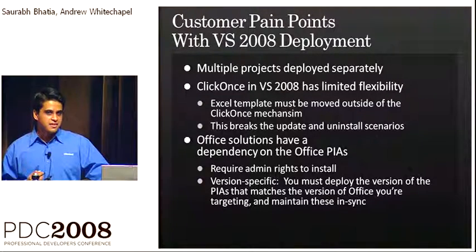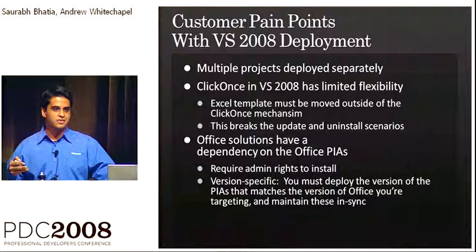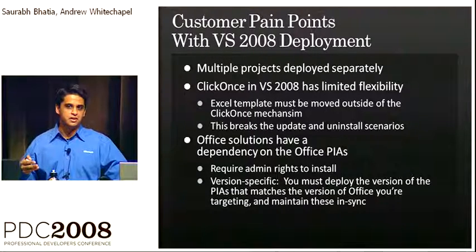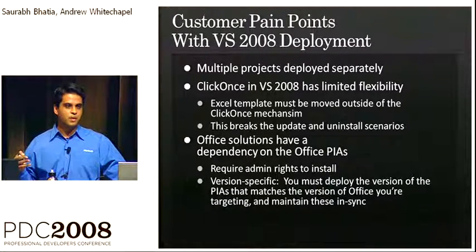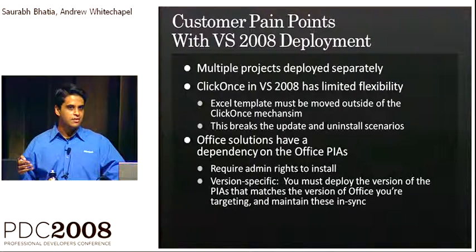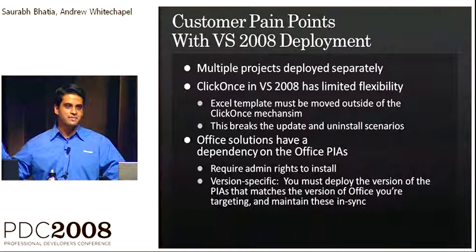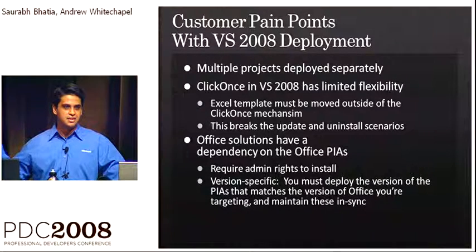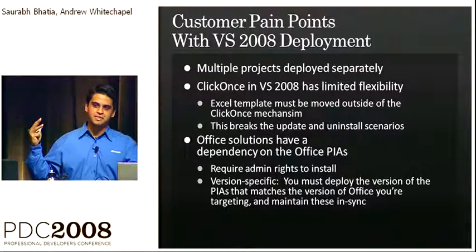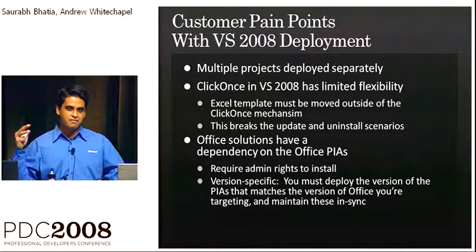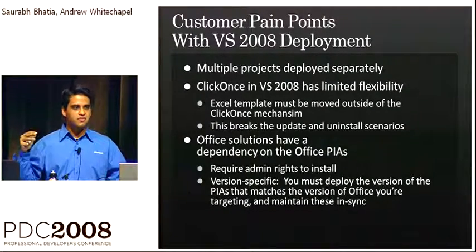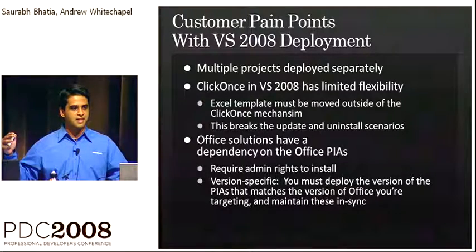Lastly, we didn't see this, but there were 3 prerequisites needed in order to run the solution. All these 3 prerequisites require admin rights to install because they are impactful to install. The 3 prerequisites are the .NET Framework, the VSTO runtime, and the Office primary interop assemblies. Now, the Office primary interop assemblies are kind of curious because they are very specific to the version of Office you are targeting your customization against.